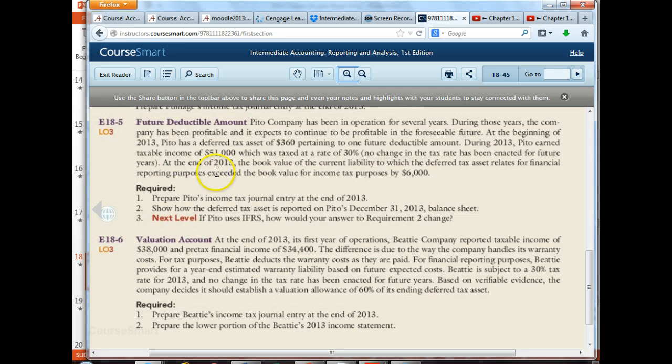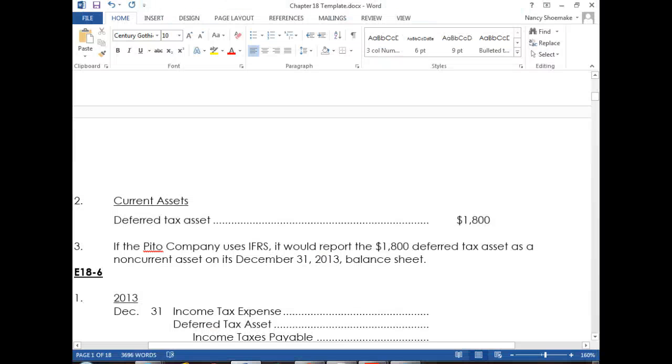Next, it says, if Pito uses IFRS, how would your answer to requirement 2 change? Well, International Financial Reporting Standards, we're not even going there. In this class, I'm not dealing with IFRS. It keeps changing, and they treat it as a non-current asset, but don't even worry, I'm not asking you anything about IFRS. It's hard enough just knowing GAAP.